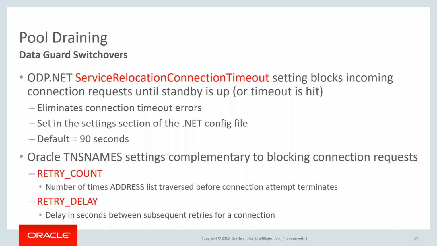So retry count will iterate through the address list to try each service and see if it can access it. And to prevent the storm from happening, in which everyone's trying all at the same time and it's retrying repeatedly, there's a retry delay to give it time to pause before it retries again. Because obviously, if you tried all the addresses once or twice or whatever, and it hasn't worked, you probably need to wait a little bit of time. So that's why you have the retry delay there.